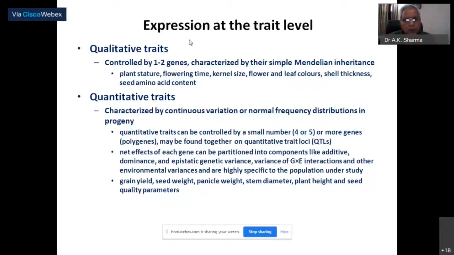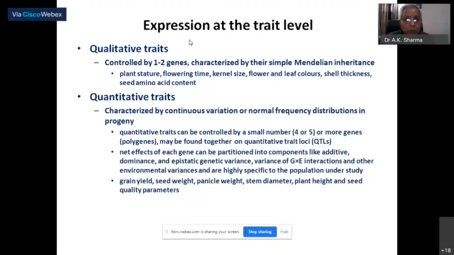Now, this is all in the background, but what a breeder is looking at is the expression at the trait level. What is happening to the actual thing that you want? There are several traits. And as I told you earlier, there are qualitative traits and quantitative traits. Qualitative traits are actually controlled by one or two genes which are easy to manipulate, and they normally follow the Mendelian principles of inheritance, the three laws of Mendelian genetics which I told you.